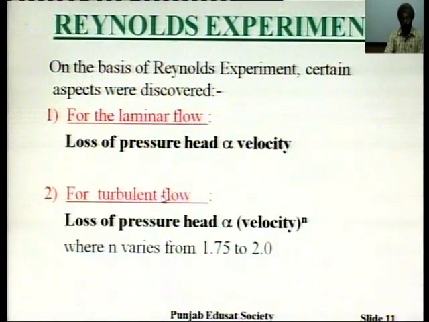For turbulent flow, the loss of pressure head is directly proportional to the velocity raised to n. This is the second aspect observed by Reynolds. Now what is this n? It is a constant having a value varying from 1.7 to 2.